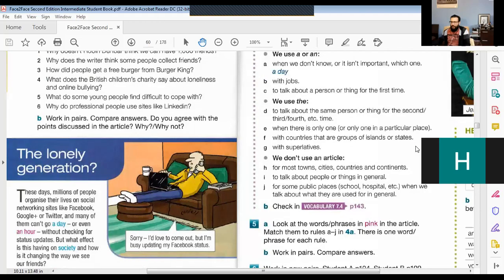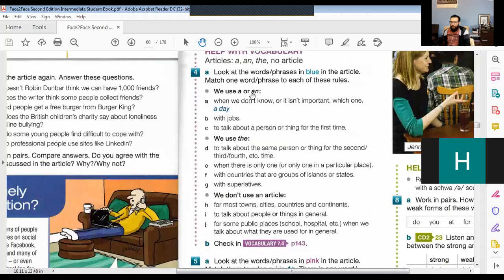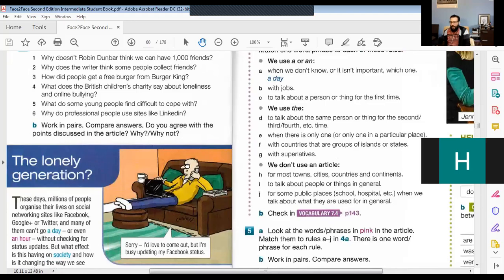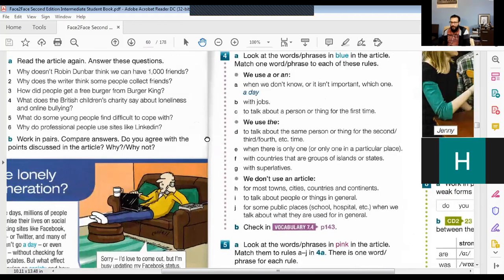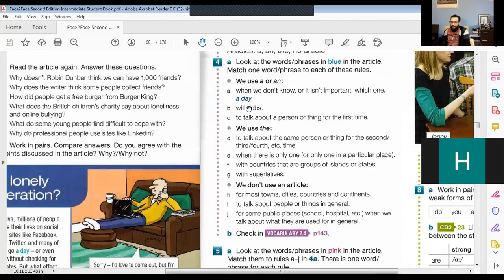Okay, so let's start with the first rule. So the first rule is a and an. What we're gonna do is focus on any word which has a or an. So we're looking for a and an. This is what we're looking for, okay? A or an, and it has to be a blue word.